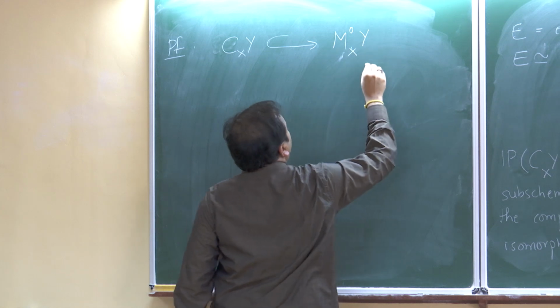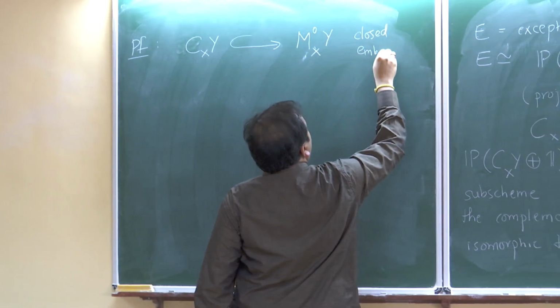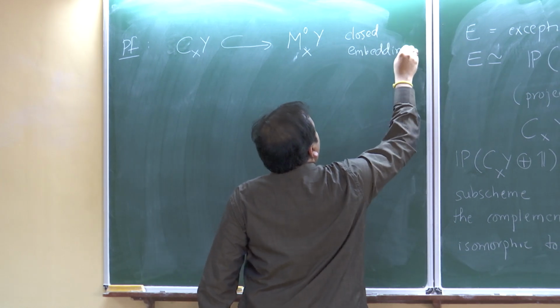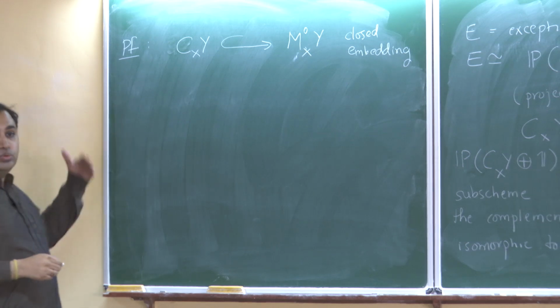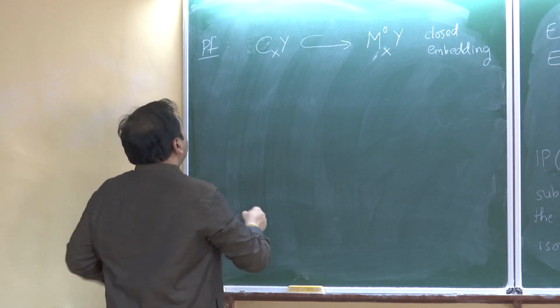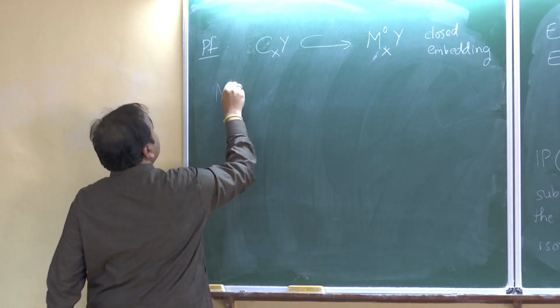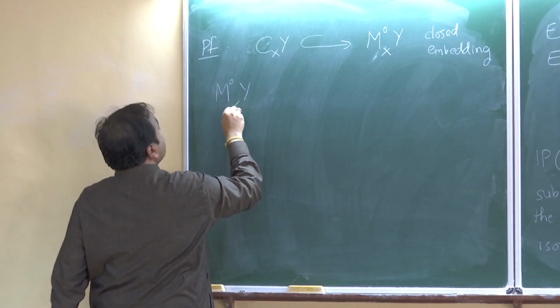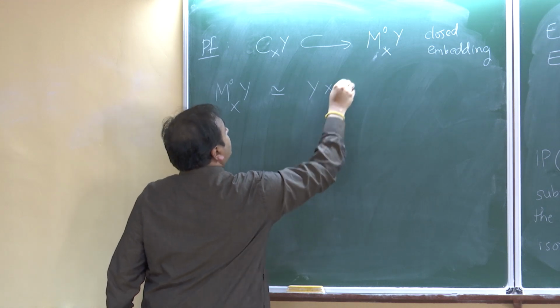This is a closed embedding. In fact, this is actually a divisor, right? This is rho inverse of 0, so it's the pullback of 0 on P1. And you have the complement of this, M_0 Y X, which is isomorphic to Y cross A1.